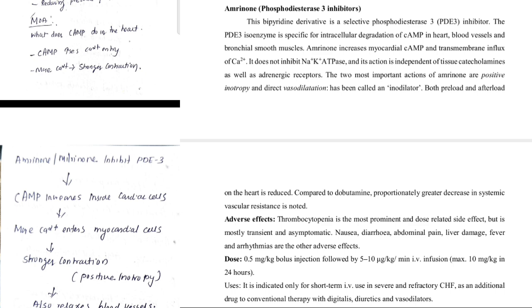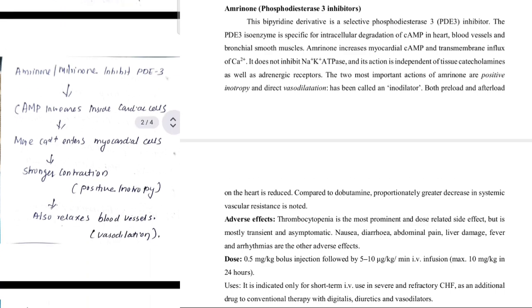What does cAMP do in the heart? cAMP will increase the calcium entry. We know if more calcium is present inside the cell, we can say we will get a stronger contraction, right? So Amrinone or Milrinone inhibit PDE3.